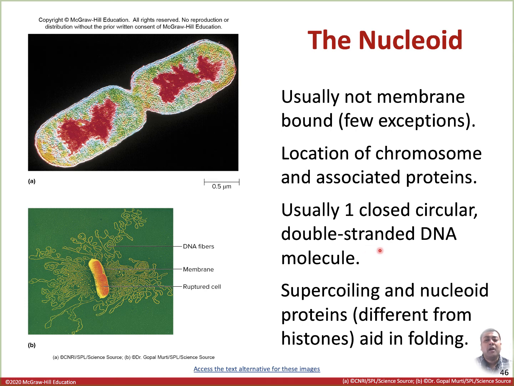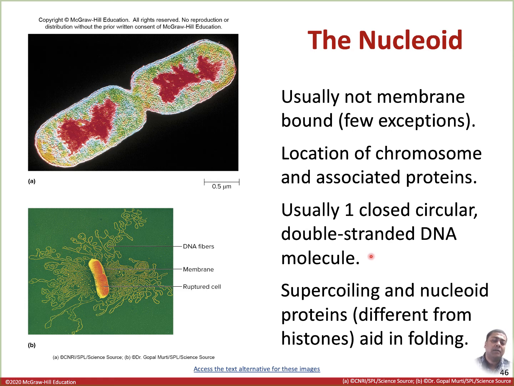On the other hand, some bacteria have multiple copies of the chromosome. For example, we were talking earlier about very large bacteria like Epulopiscium fishelsoni, which has tens of thousands of copies of the chromosome.